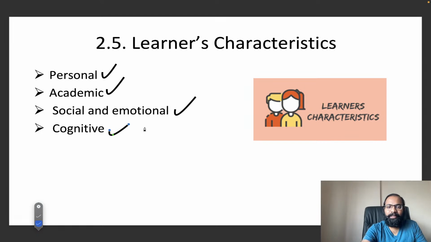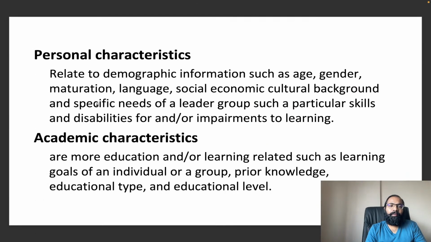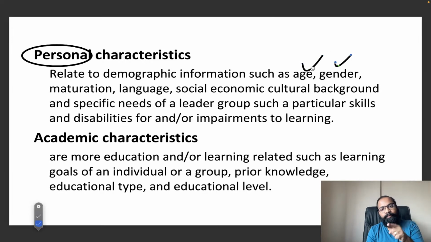What are these? Personal learner characteristics: the age of the learner, gender, maturation, the language known to the learner, social, economic and cultural background, and particular skills and disabilities. All these come under personal learner characteristics. Understood?